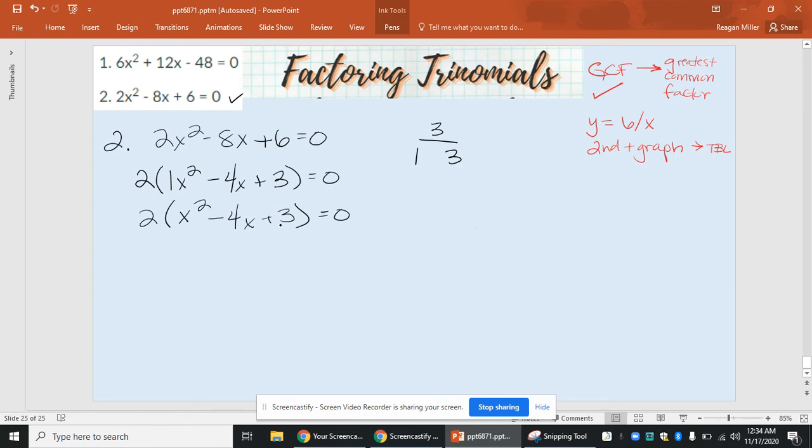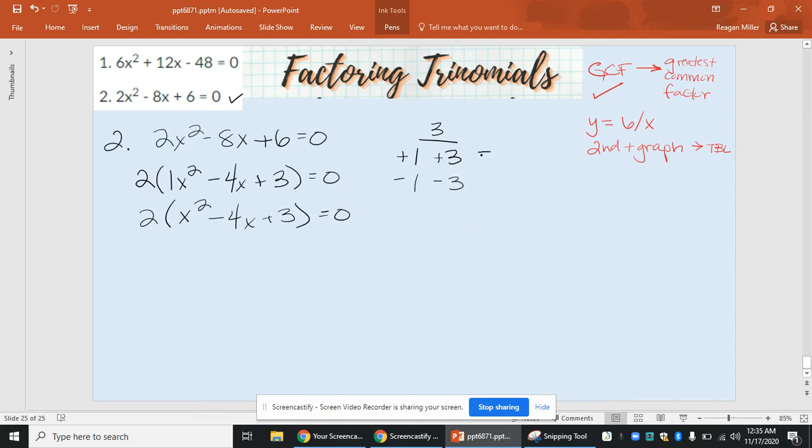They need to multiply to give us +3, but add to give us -4. The only ways you can multiply to get a positive number is positive times positive or negative times negative. If I multiply these, I get +3. If I multiply these, I also get +3.